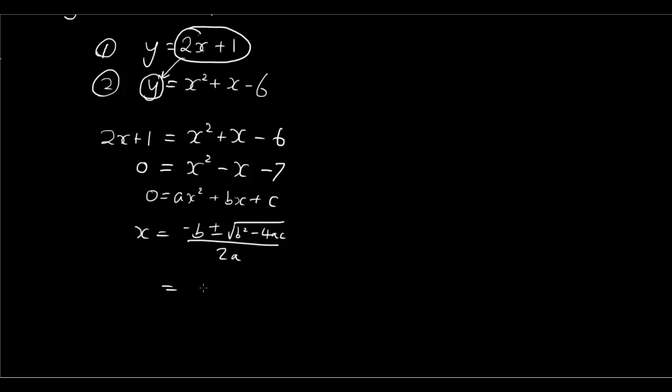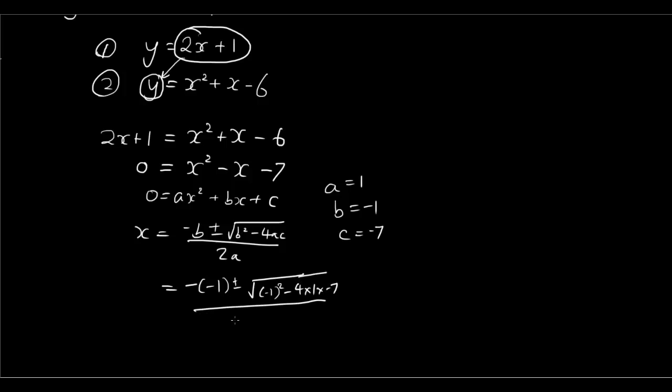So from this equation we can see that a is 1, b is negative 1, and c is negative 7. So putting those into the formula, we have negative of negative 1 plus or minus square root of negative 1 squared minus 4 times 1 times negative 7 over 2 times 1.